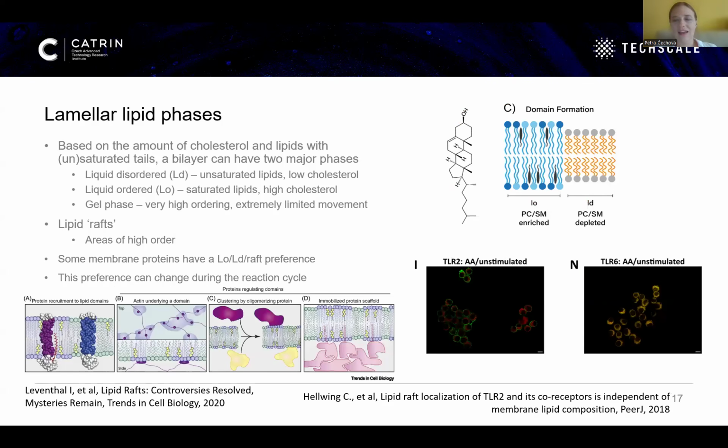And with bilayers, I would like to introduce the first two or three phases that lipids take. The three main phases found in bilayers are called liquid ordered, liquid disordered, and gel phase.